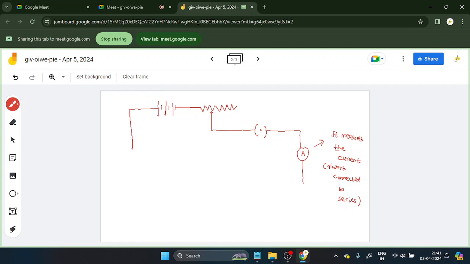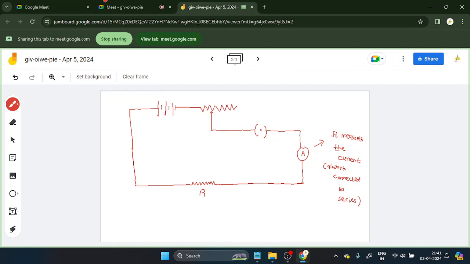Now this whole circuit will have a known resistance R. We actually know the value of this resistance, so I will take the known resistance R. Known resistance means I can also take the resistance box. Now what is the resistance box?